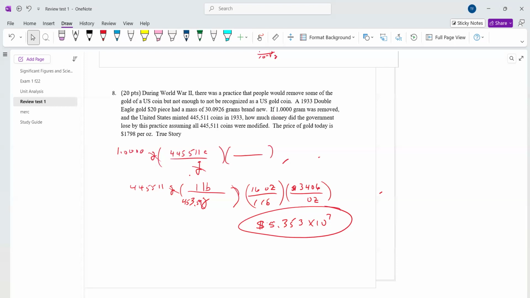And so they would get about a gram per $20 gold piece. So the problem is, I told you how many gold pieces were minted and the population and the price per ounce. But this is a real problem. I mean, this really happened. Really kind of interesting.